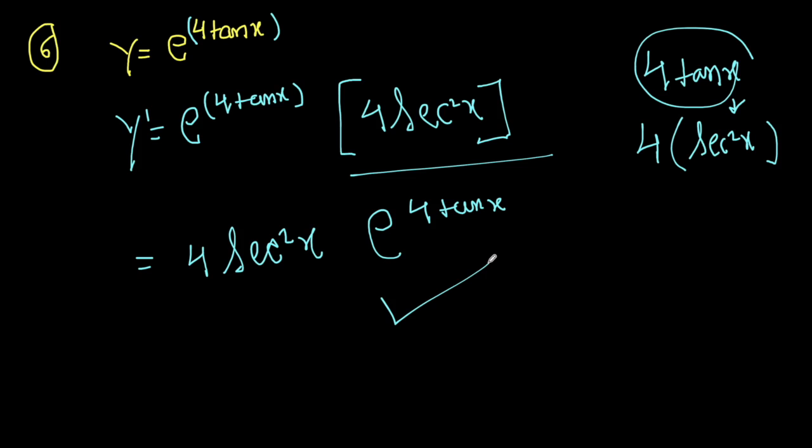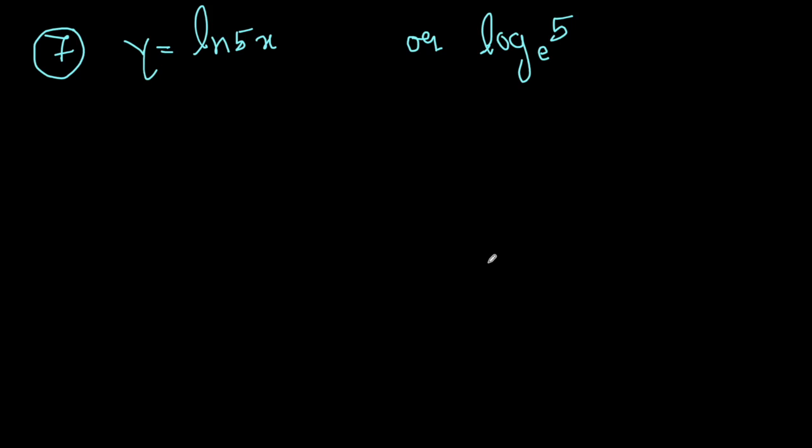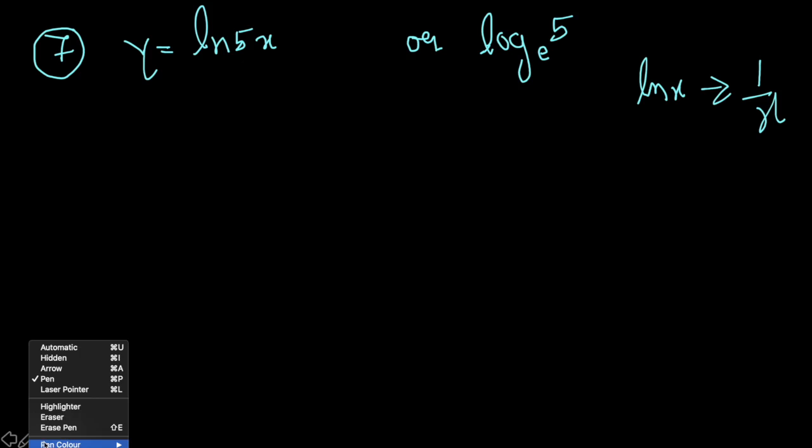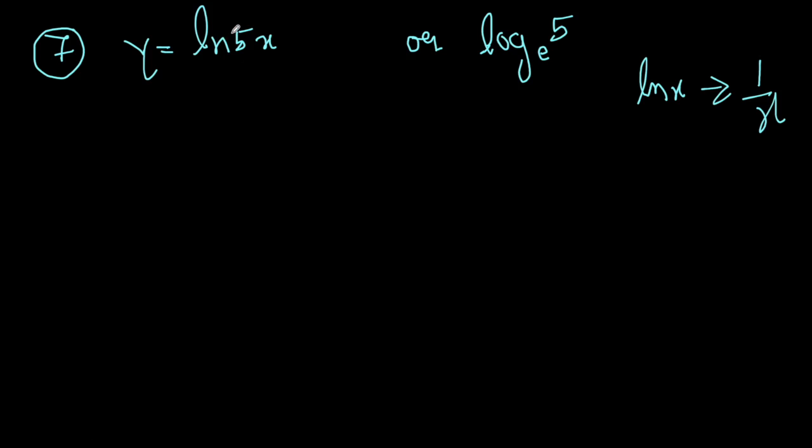Okay, now we will jump to the questions belonging to logarithms. We know that the differentiation of ln x is 1 over x. We will use this to solve this type of problem. In the question you will see that it is not ln x, it is ln 5x.